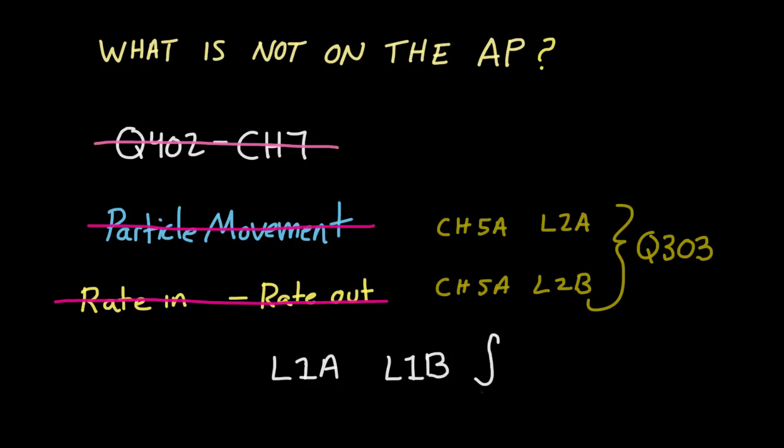They also focus on the fundamental theorem of calculus part 2. But if you are able to do the stuff that I told you to focus on, then you should have a very high comfort level with this, so you probably do not have to go back and review Q303.